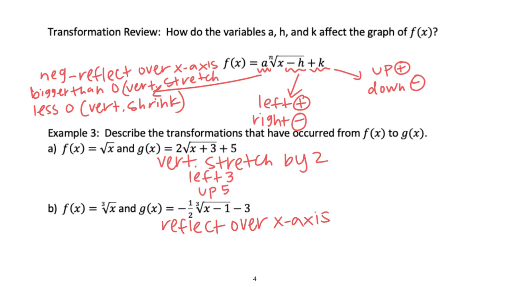So that tells me it is a vertical shrink by 1/2. Then underneath that root, there's a -1, so that's going to be right 1. And then the very end, there's a -3, so that is down 3. Lots of transformations happening.